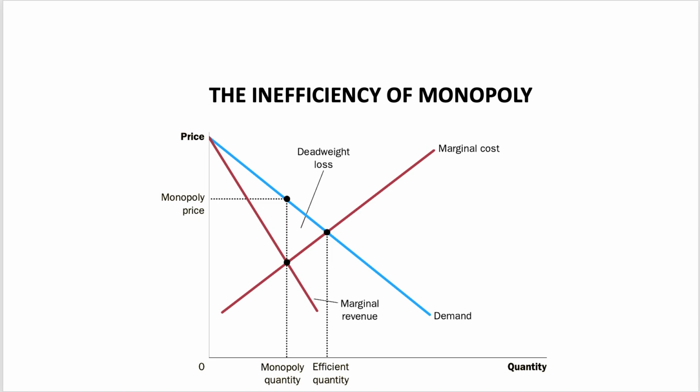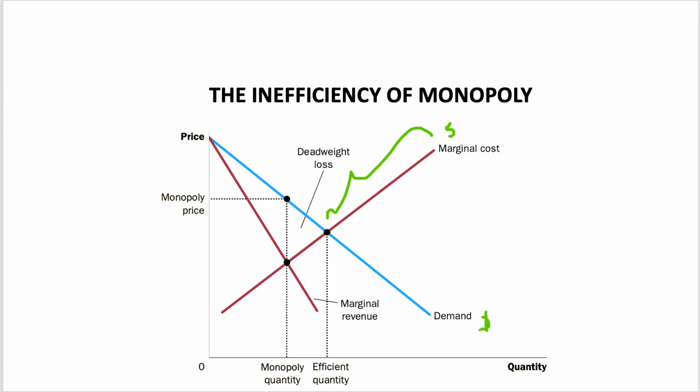So where is the inefficiency in monopoly? For easy understanding, forget about this marginal revenue curve. Just think about demand and supply. This marginal cost, which I already discussed in the previous lecture, is this rising portion, also known as the supply curve. So this is supply, and this is our demand curve.